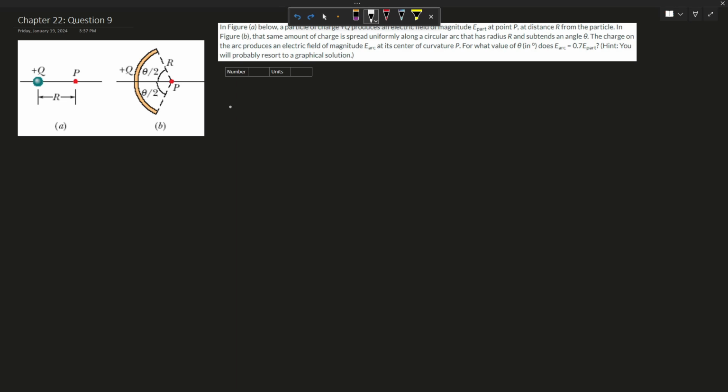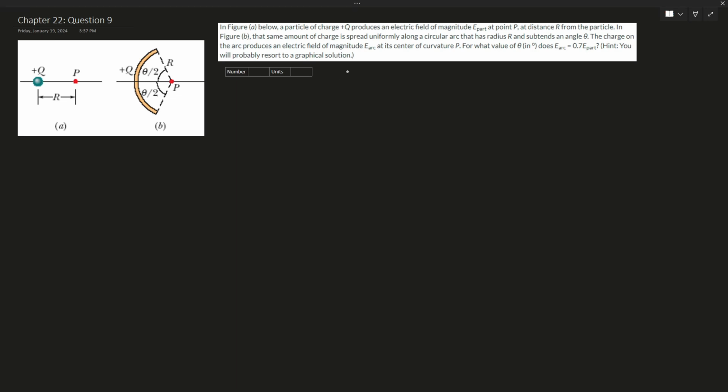For this homework, we do it on Wiley Plus, which I don't know why we do, but we do. So, if you look up here, in figure A, a particle of charge positive Q produces an electric field of magnitude E part at point P, at distance R from the particle.